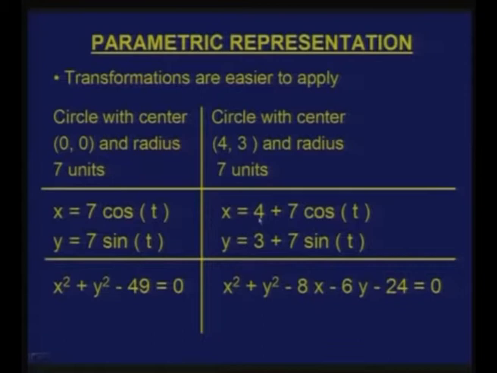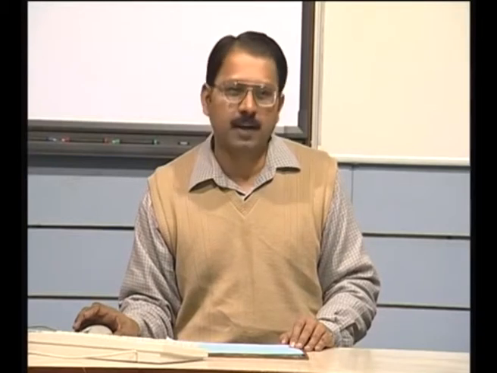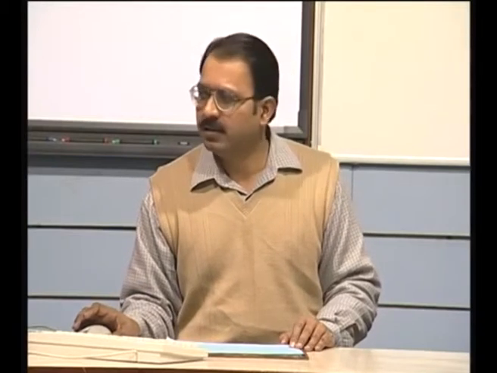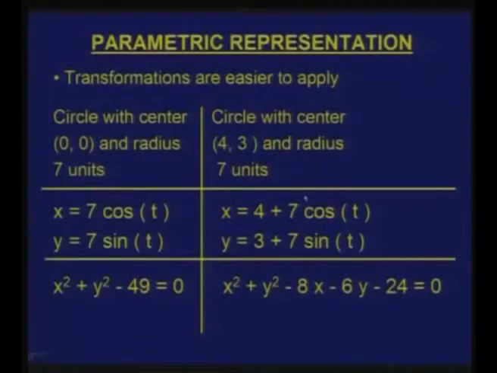Now, what is shown here is only a translation. Same thing is true for rotation also. In fact, for rotation you will see a slightly different formula, but basically what one does is that you are actually representing a point as a vector in a parametric representation.